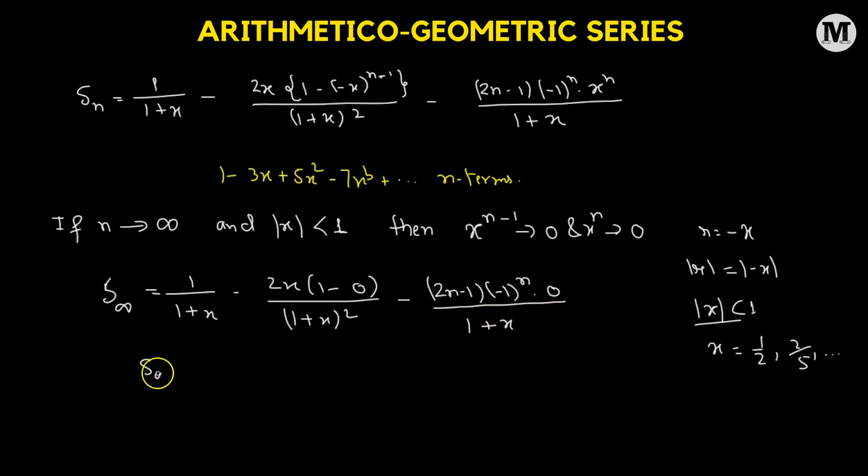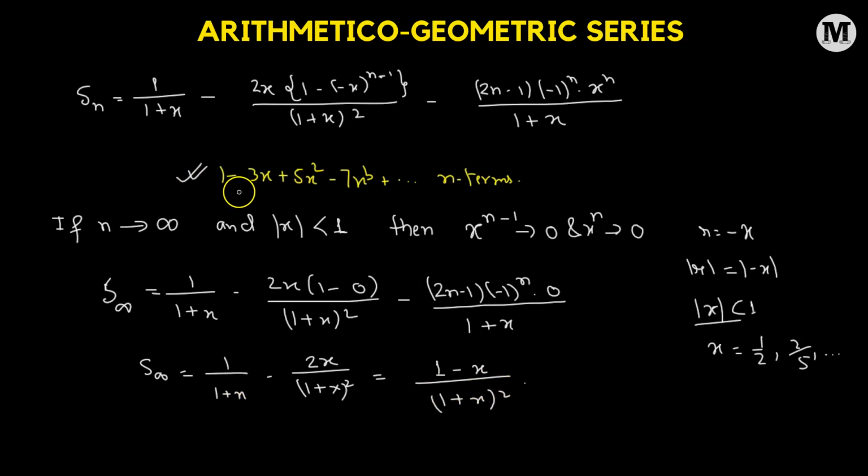Further simplification gives us S up to infinite number of terms, that's 1 over 1 plus x minus 2x over 1 plus x whole square. Now when we combine them, we're going to get 1 minus x whole divided by 1 plus x whole square. So this is going to be the sum to infinite terms of the arithmetico-geometric series, and we also have the sum to the nth term.